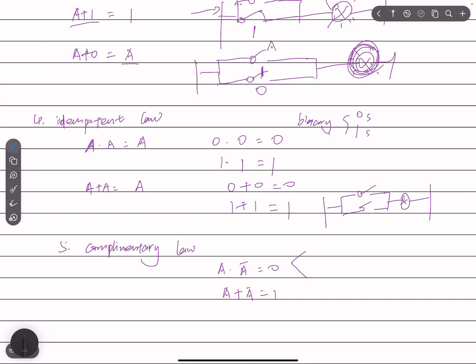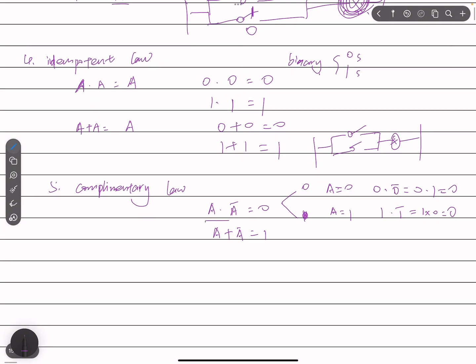So A can only be 0 or 1. If A is equal to 0, it will be 0 times not 0, which is 1. 0 times 1 would be 0. And when A equal to 1, that would be 1 times 1 bar, so 1 times 0 will be 0. So A times A bar equal to 0.